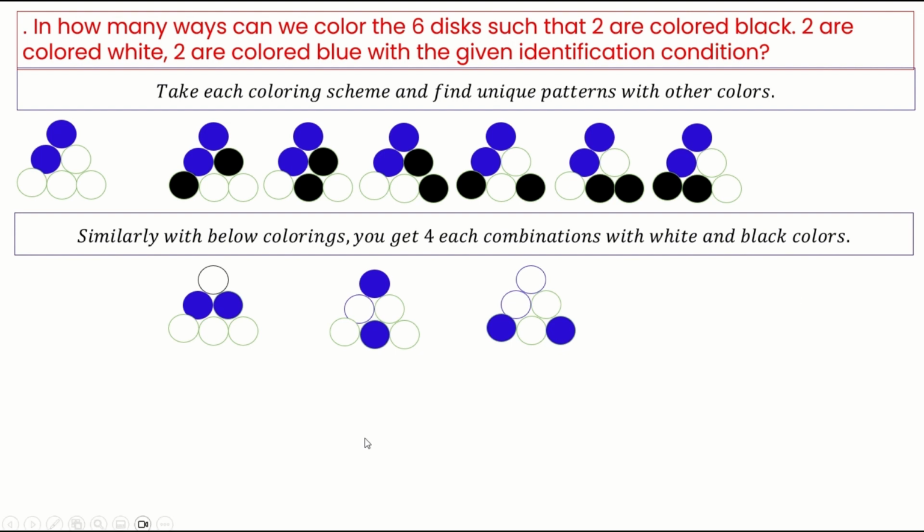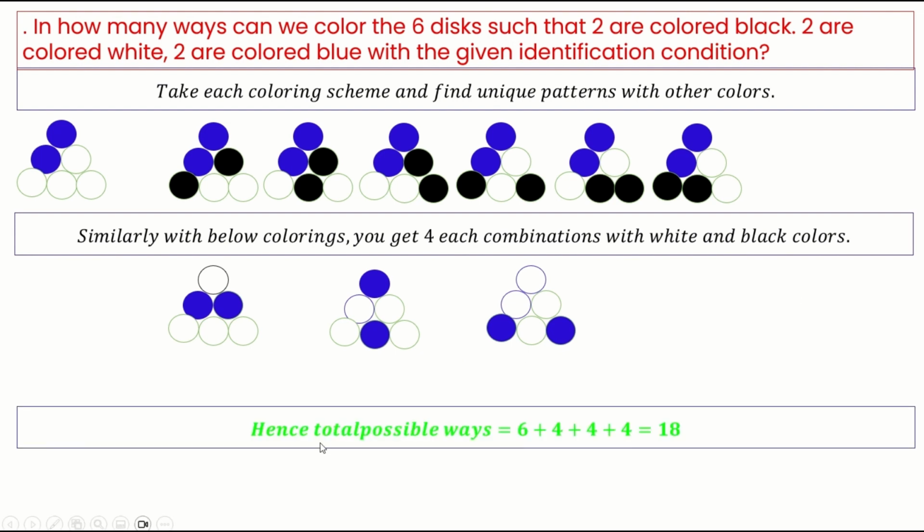Total possible ways are 6 plus 4 plus 4 plus 4, which is 18. This is the answer. I think this is moderate to easy. It's an analytical question more than mathematics.